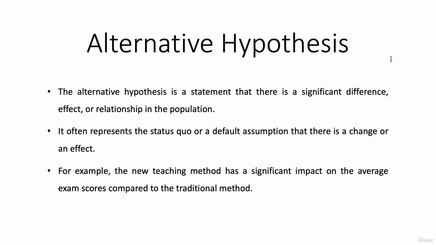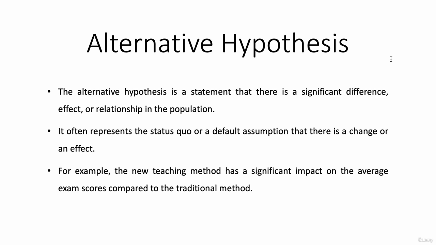Unlike the null hypothesis, the alternative hypothesis is a statement that there is a significant difference, effect, or relationship in the population. It represents the assumption that there is a change or an effect.